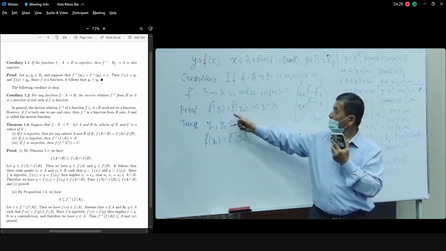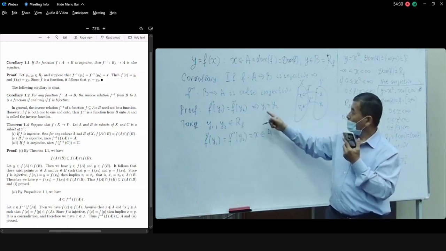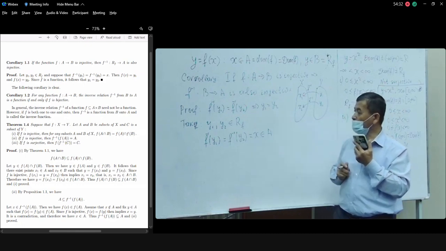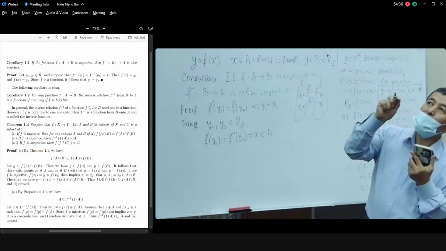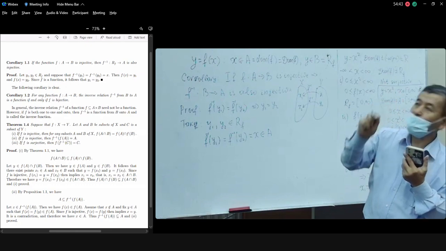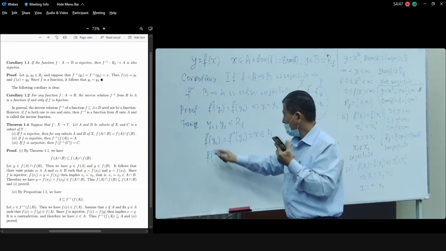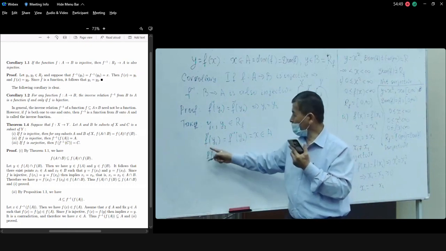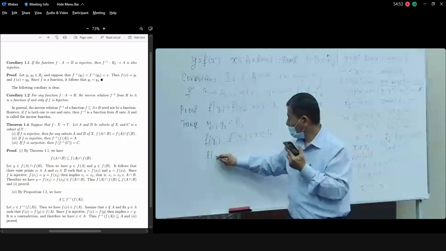From this we get an element of x. Now I have to show that y1 equals y2. So we take f of x equal to y1 and f of x.